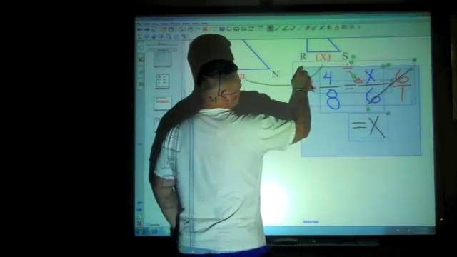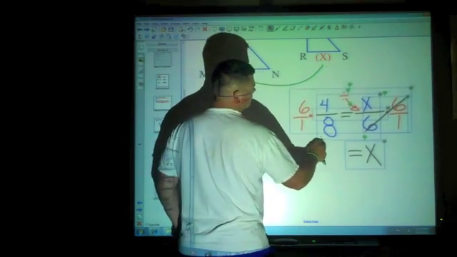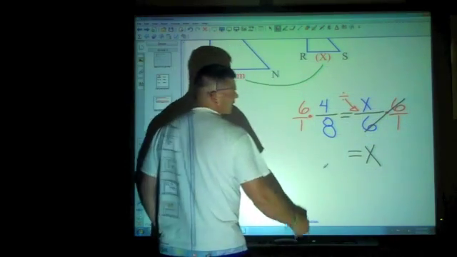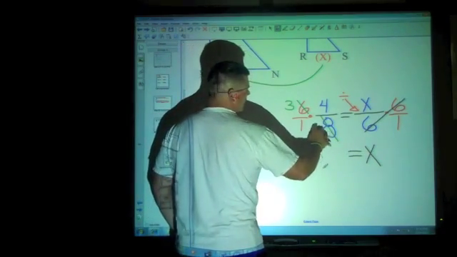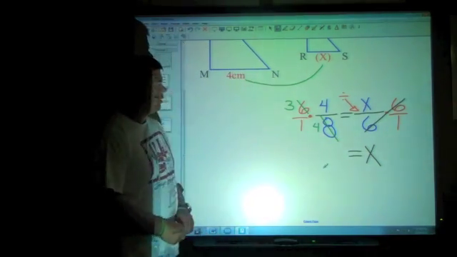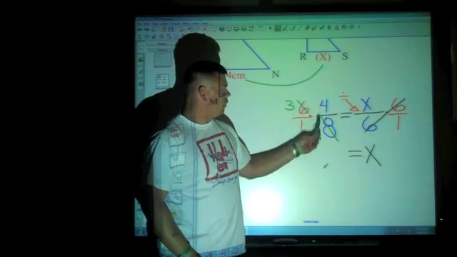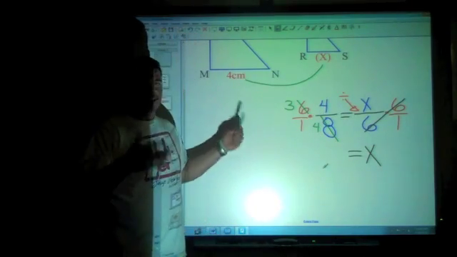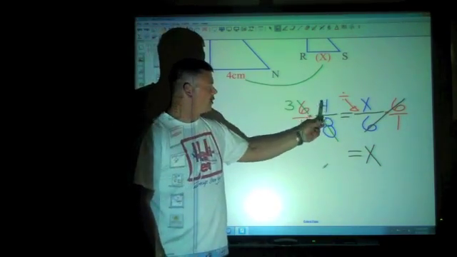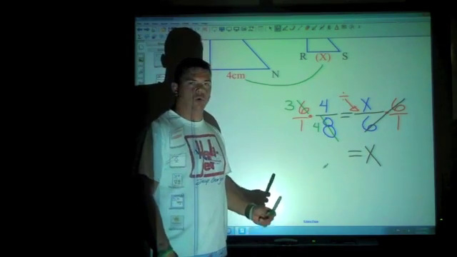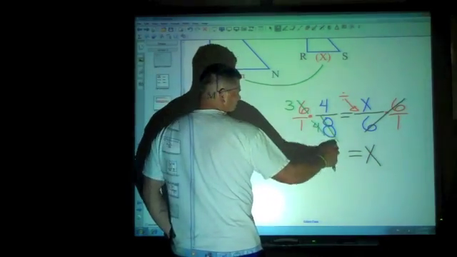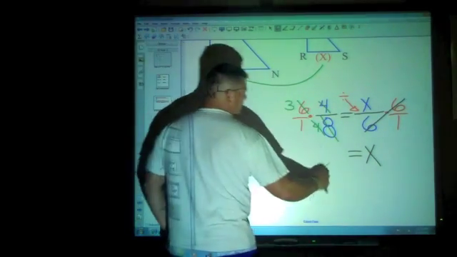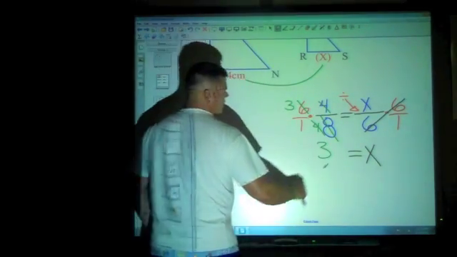There we go. So cross simplifying, I know that 2 will go into 6 3 times, and 2 will go into 8 4 times. Oh, well now I have a 4 over a 4. But I could do the multiplication if I want. I could go 3 times 4 is 12, and 1 times 4 is 4, but I'm still going to have 12 over 4. So since there's a 4 on the top and the bottom, that 4 cancels with that 4, and it leaves me with 3 centimeters.